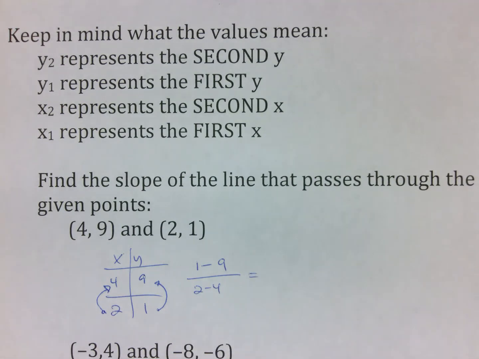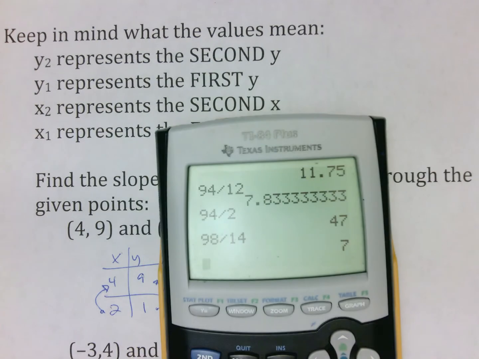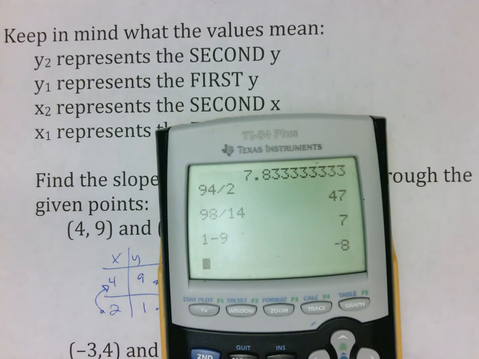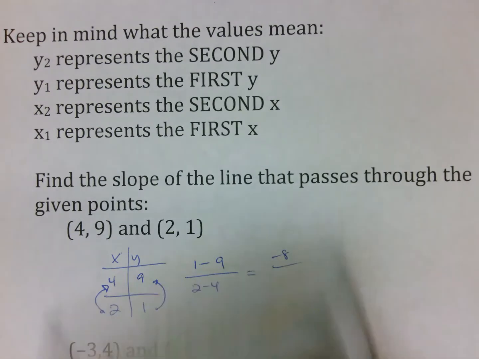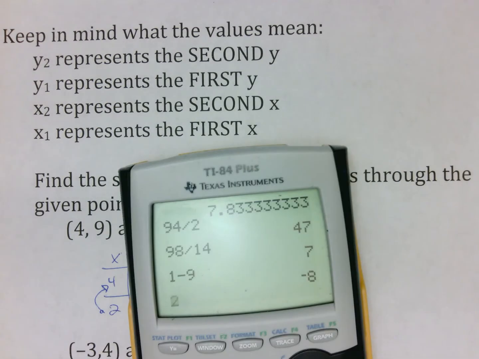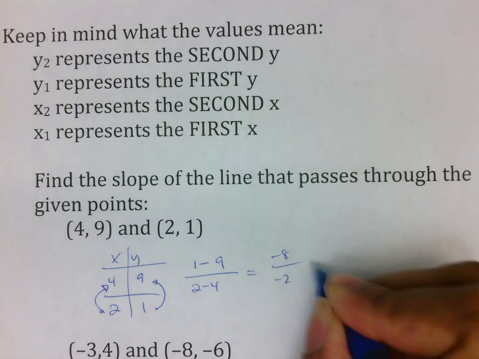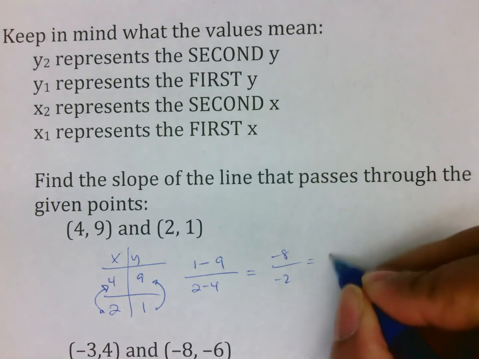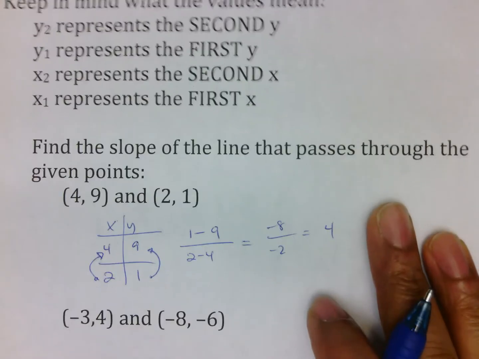Working that out, using your calculator if necessary, 1 minus 9 is negative 8 on top, 2 minus 4 is negative 2, and then negative 8 divided by negative 2 is a positive 4. So the slope, or the rate of change, on that set of points is 4.